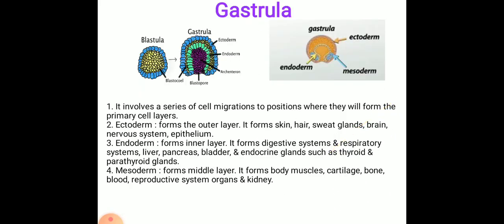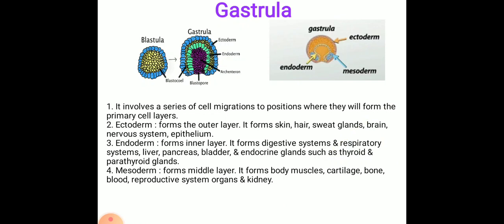Then the last one is the gastrula. On the right side also you are seeing the diagram, that is the gastrula. Here in the gastrula, 3 germ layers are going to be formed. In the blastula there is only one layer, called the blastoderm, but in the gastrula there are 3 layers: ectoderm, endoderm and mesoderm.